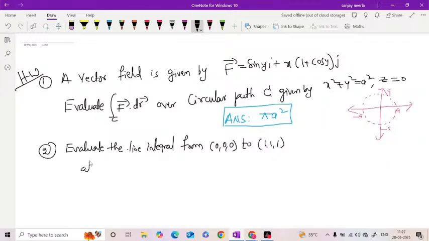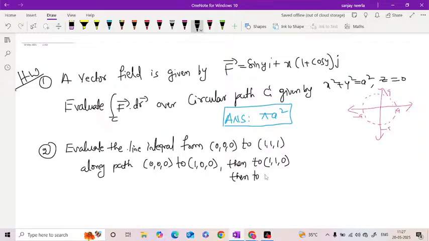Along the path 0 0 0 to 1 0 0, then 1 1 0, then 1 1 1, where F is 3x square plus 6y into i, minus 14yz j, plus 20x z square into k.